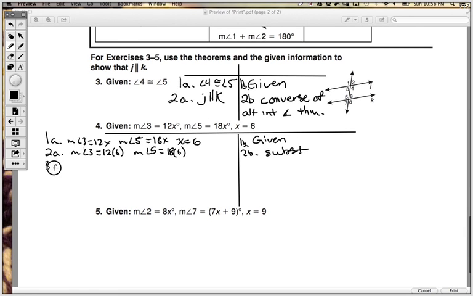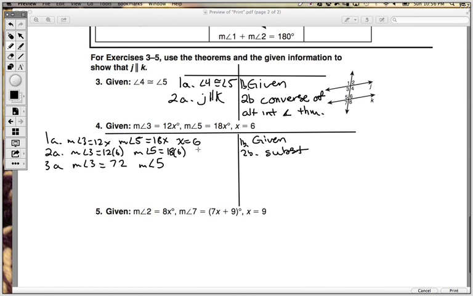And then next we could say measure of angle 3 equals 12 times 6 is 72. And measure of angle 5, 18 times 6, that's a little bit bigger. That's actually quite a bit bigger. Let's see, how much would that be?